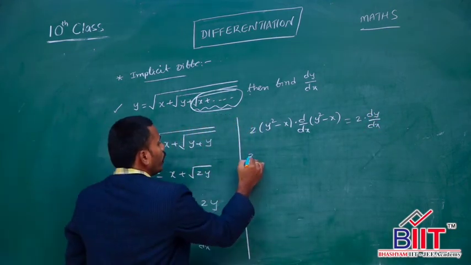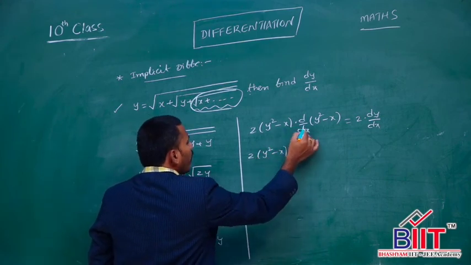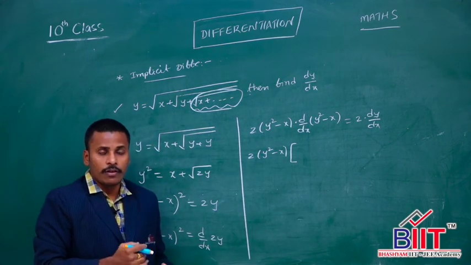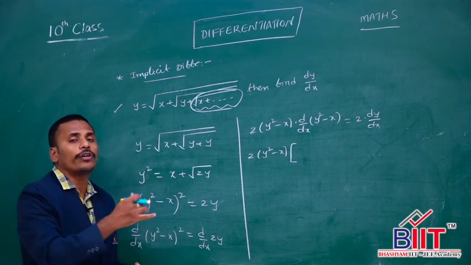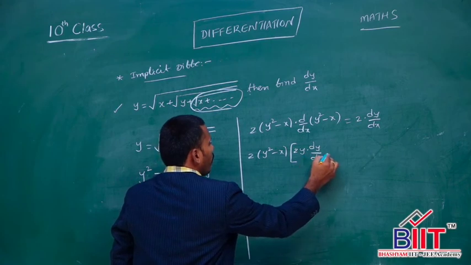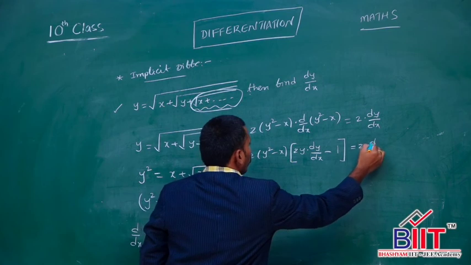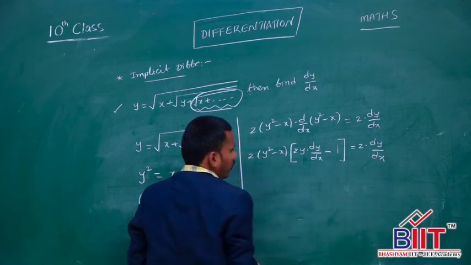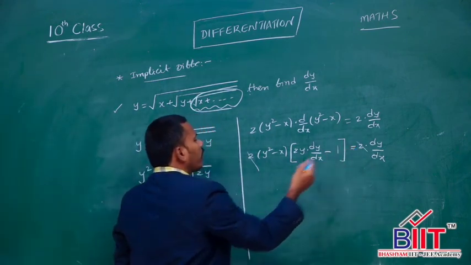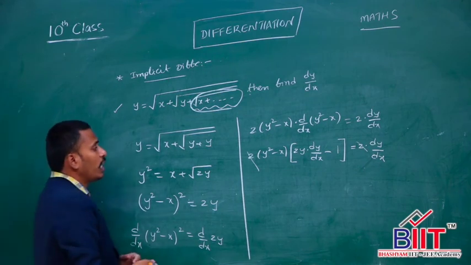Now here, 2(y² - x) into what is d/dx of y²? For x² it is 2x, for y² it is 2y into the derivative of y with respect to x, right? 2y dy/dx minus the derivative of x with respect to x, which is 1, equals 2 dy/dx. Look at both sides, cancel out 2 and then try to make dy/dx the subject, since our intention is to find dy/dx.